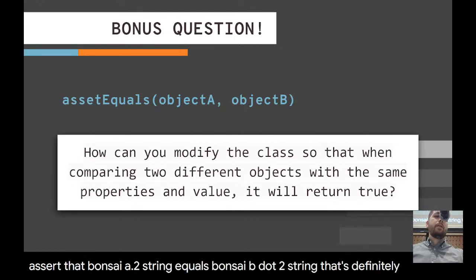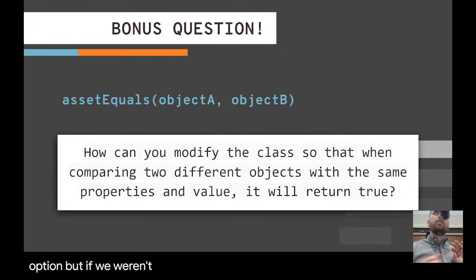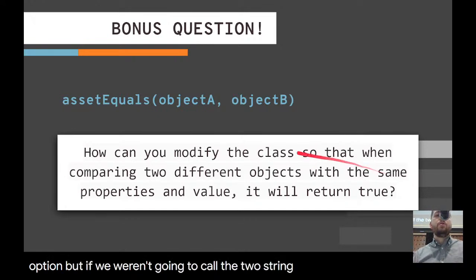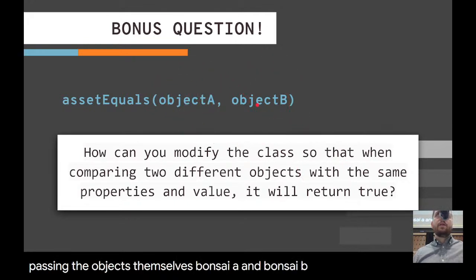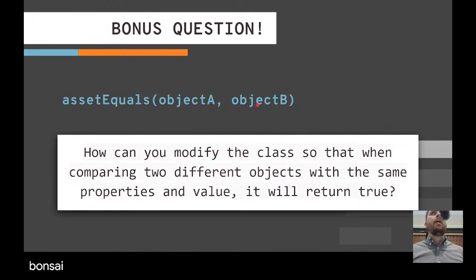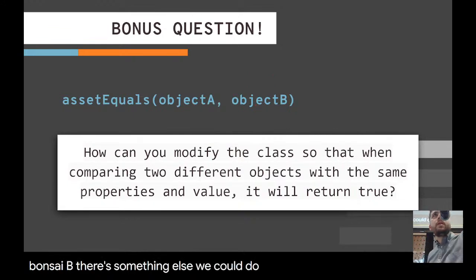That's definitely a valid option. But if we weren't going to call the toString method and we were just passing the objects themselves, bonsai A and bonsai B, there's something else we could do. Override equals? Correct.